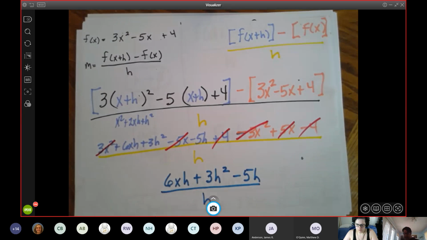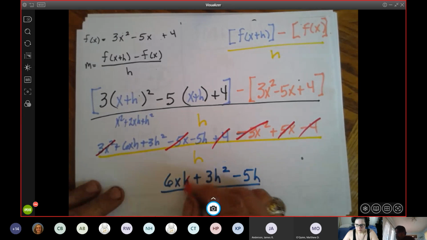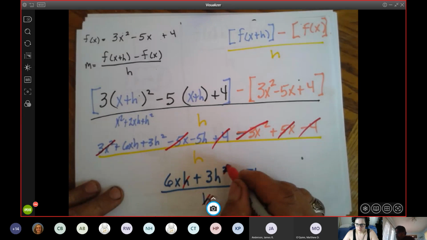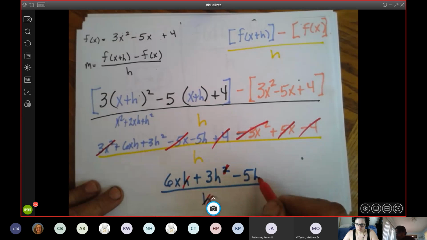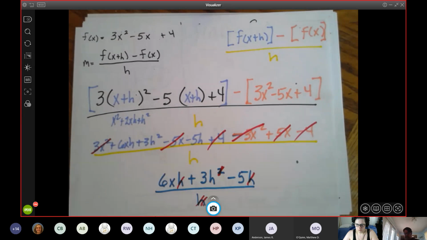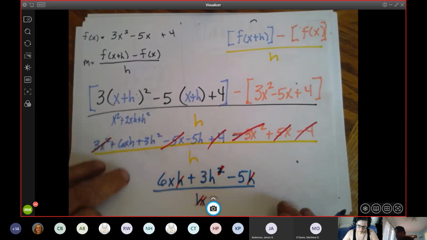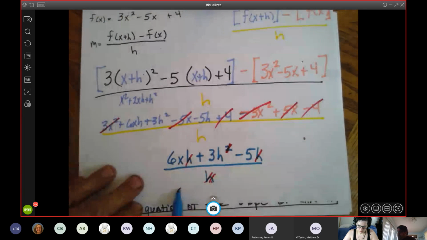And I can go ahead and cancel this h with this h, and that leaves a 1. This h cancels with that h. So my final answer of the difference quotient is 6x plus 3h minus 5.